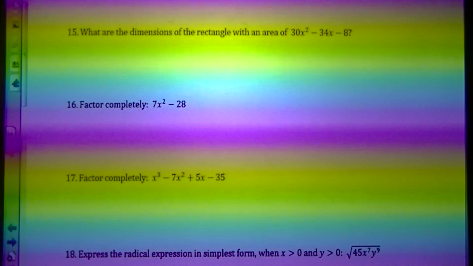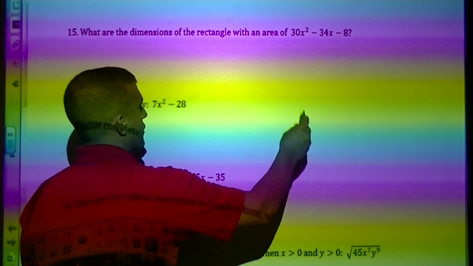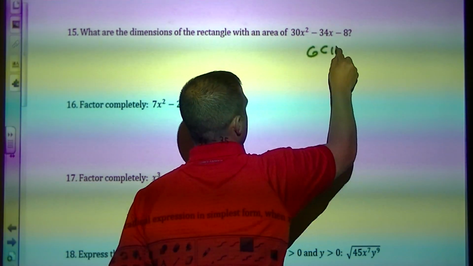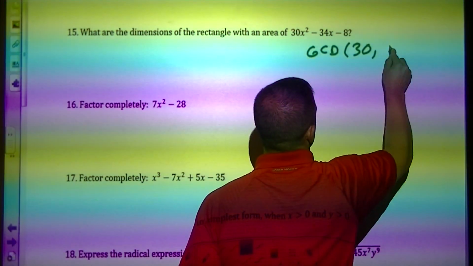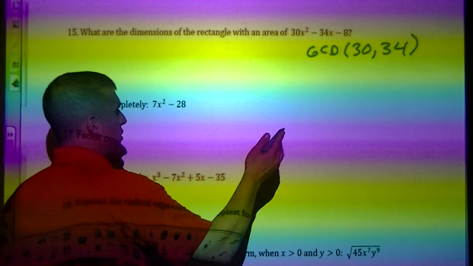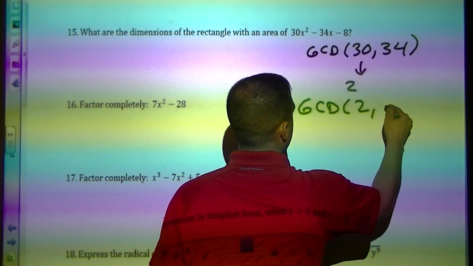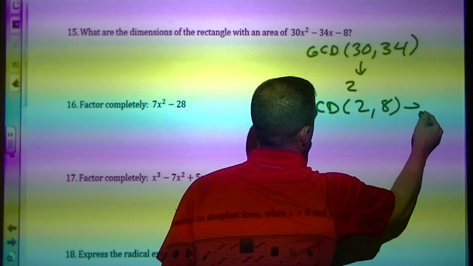What are the dimensions of the rectangle with an area of that? If you do the GCD of 30 and 34, what that's going to give me is 2 for a result. So I can take out 2.